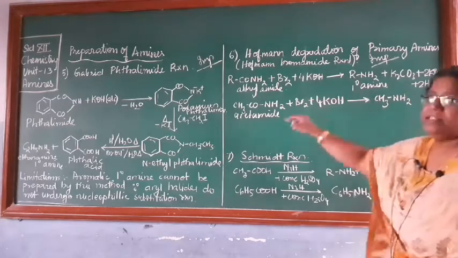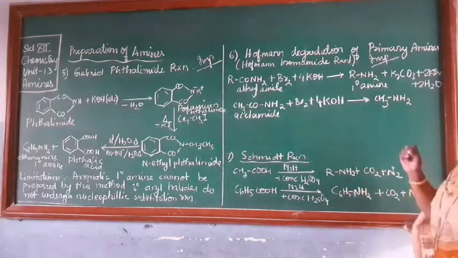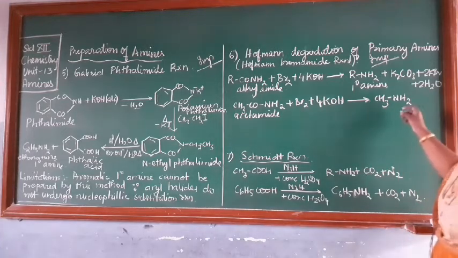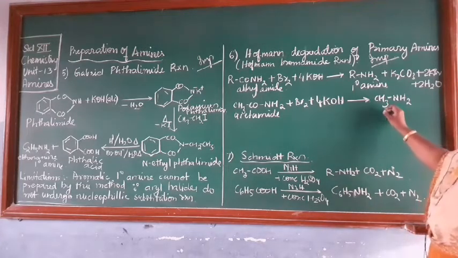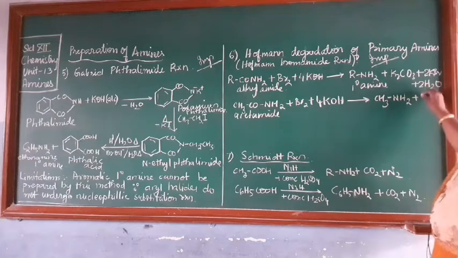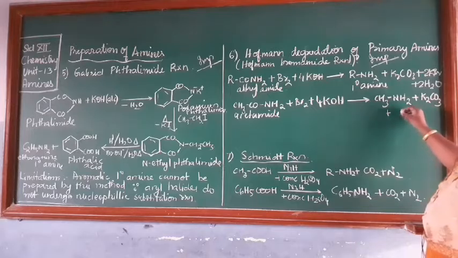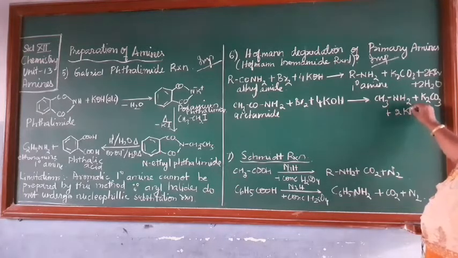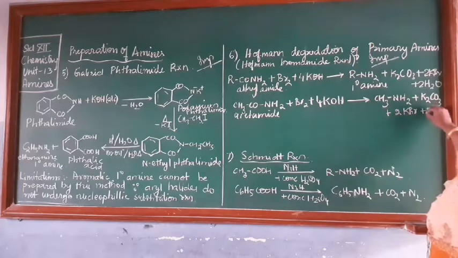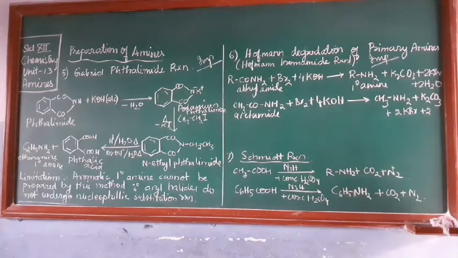So one carbon is less. So you get CH3NH2 plus all these byproducts: K2CO3 plus 2KBr plus 2H2O.